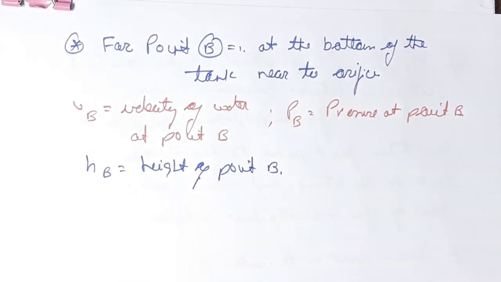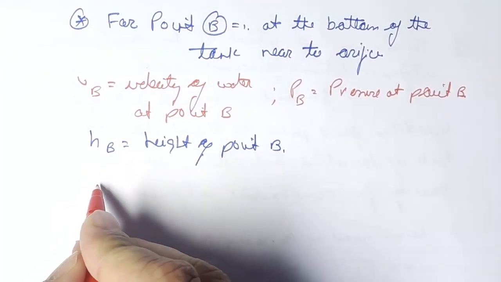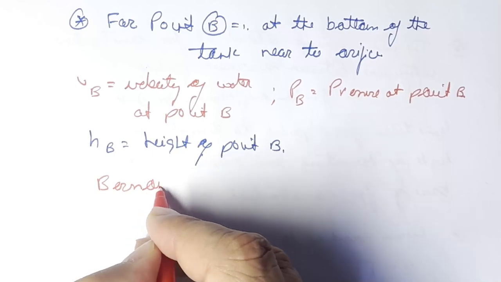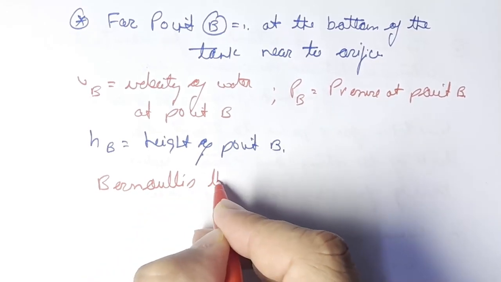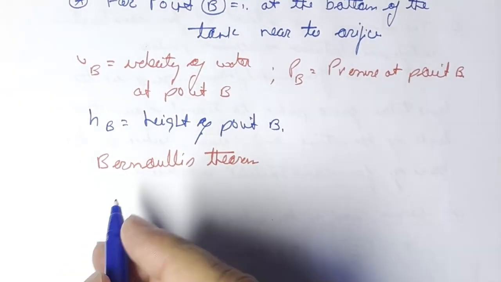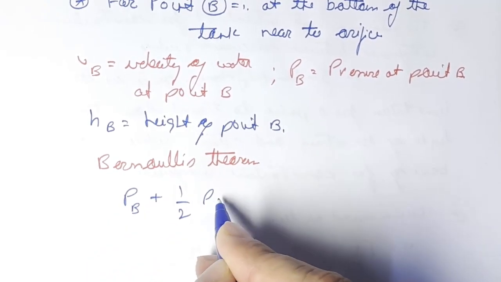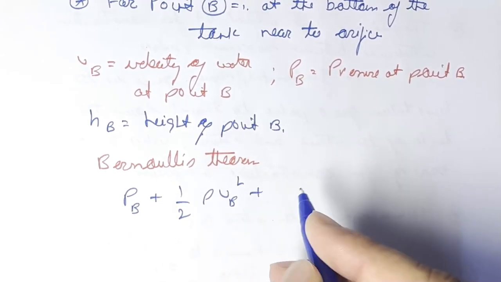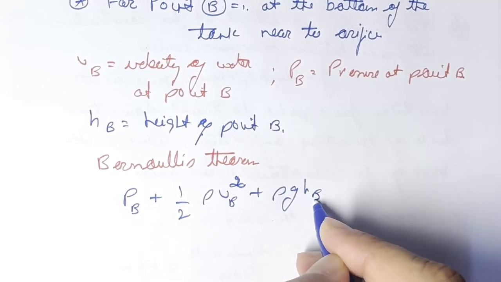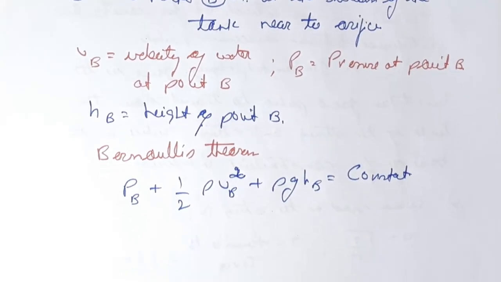So once again, using Bernoulli's theorem, we can write PB plus half rho VB square plus rho g HB will be equal to constant.